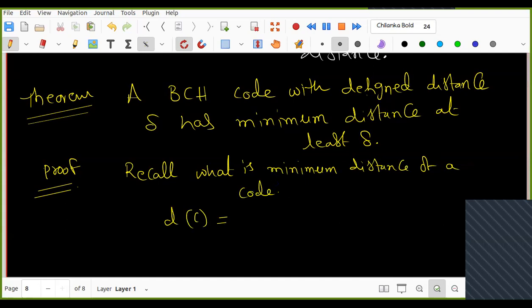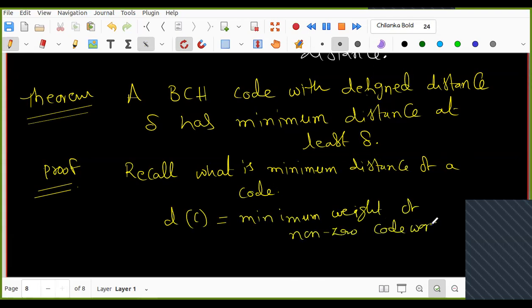Ours is a linear code, so it is the minimum weight. Yes, thanks. I'm writing just minimum weight: the minimum weight of a non-zero code word, right? And that is equal to what?